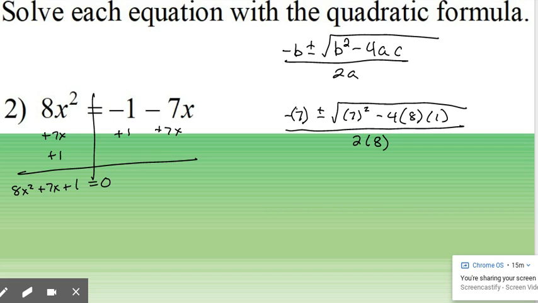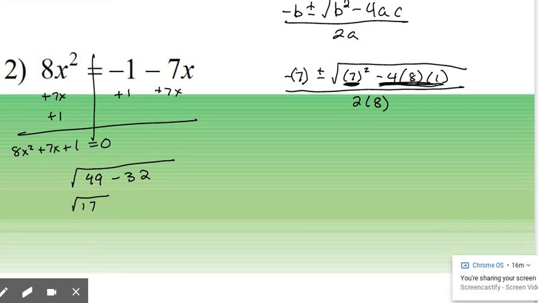So square root. See, 7 squared from over here. 7 squared is 49. Remember, multiply these three. So -4 times 8 times 1 is -32. 49 minus 32 is 17. So I get a positive number there.